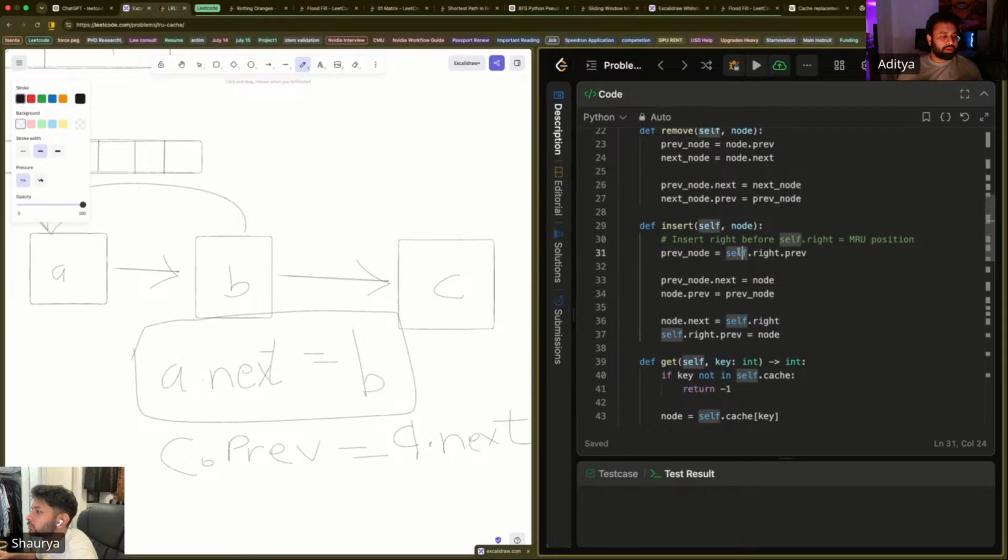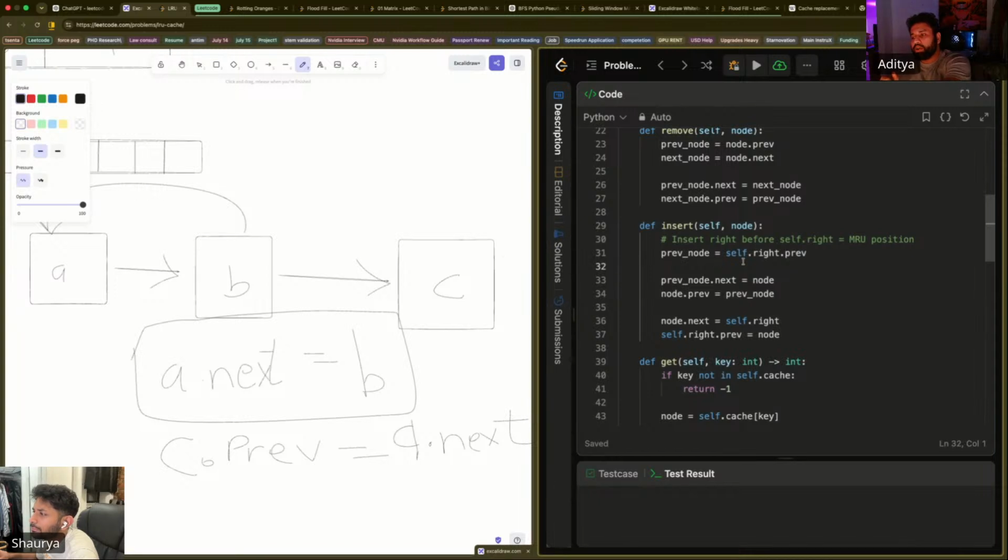Just one doubt. I haven't done object-oriented programming recently. So this node is going to be the self, right? Over here, node.right.prev. No, it's not that. If you have self over here, that means you can call this variable from anywhere.